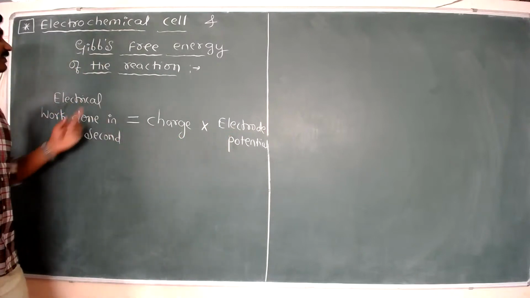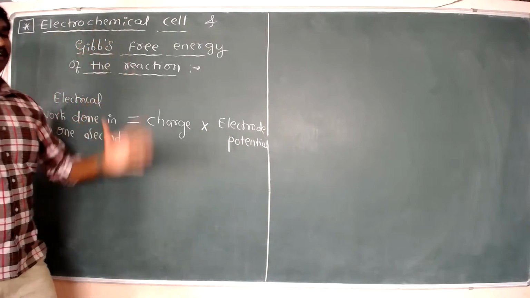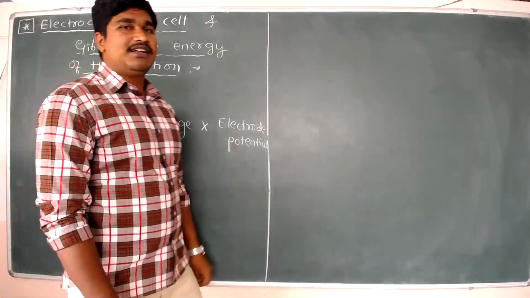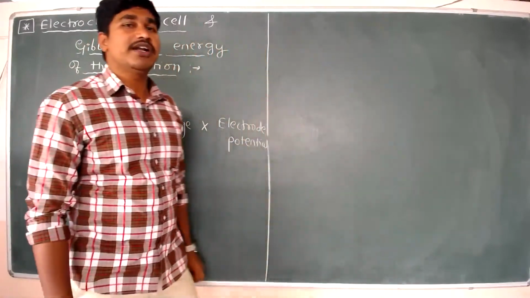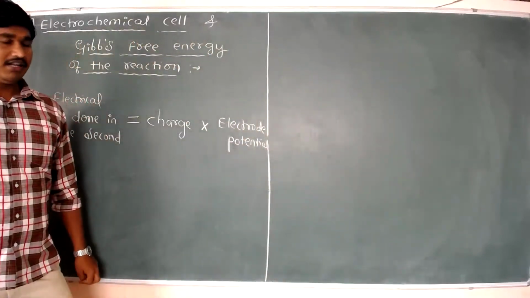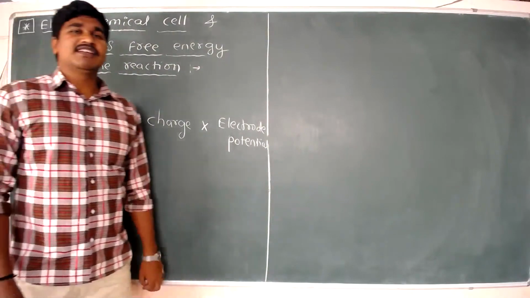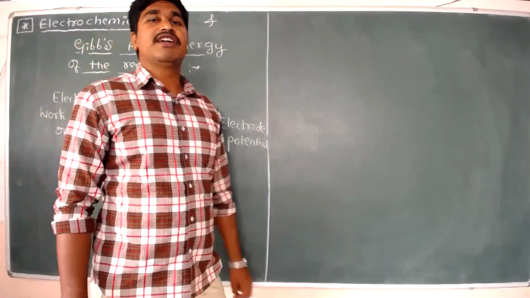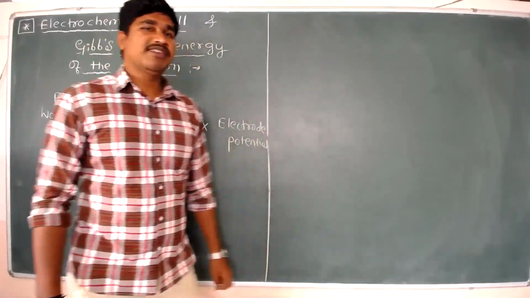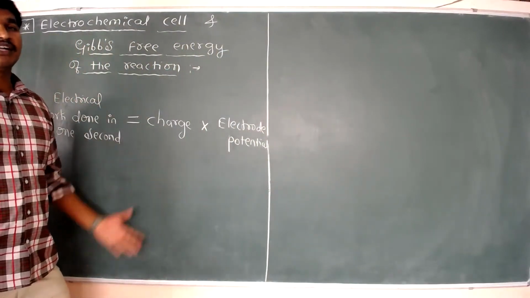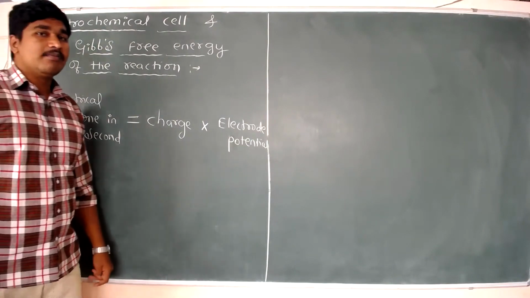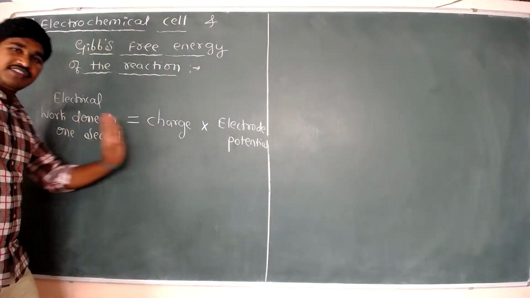Now, we are using the electrochemical cell. What is meant by an electrochemical cell? The cell which converts chemical energy into electrical energy is called an electrochemical cell. The best examples are the Daniel cell, or you can take the galvanic cell. How much work is done by that cell can also be calculated using the same formula.